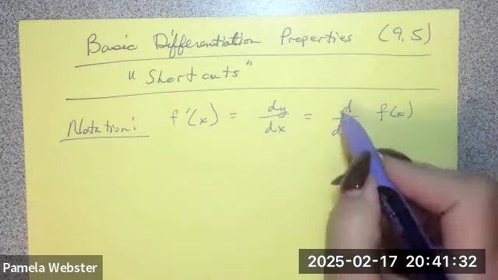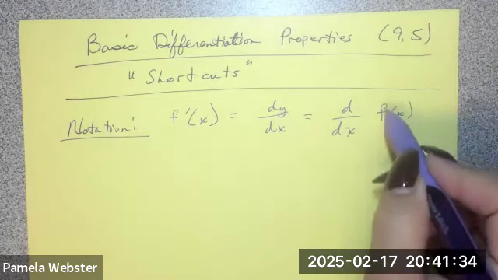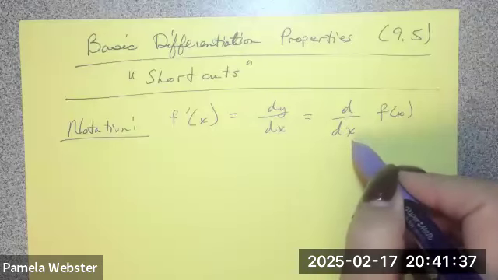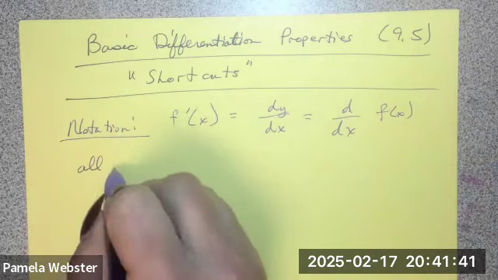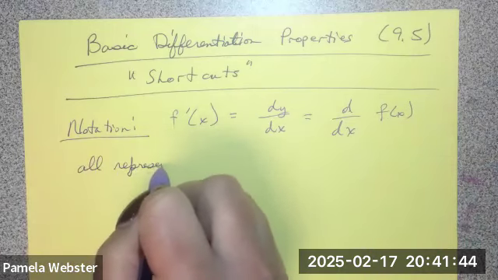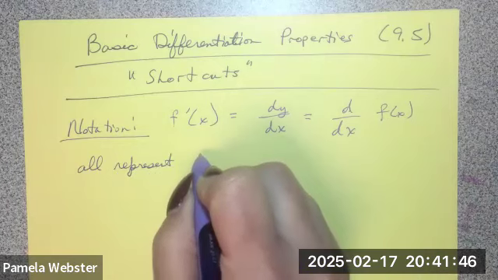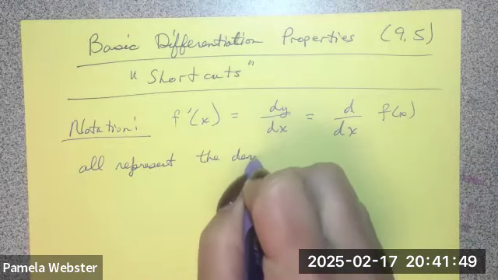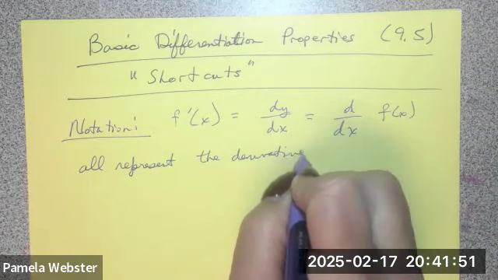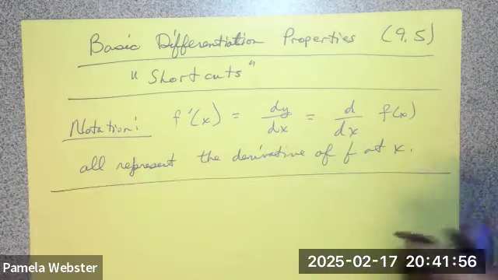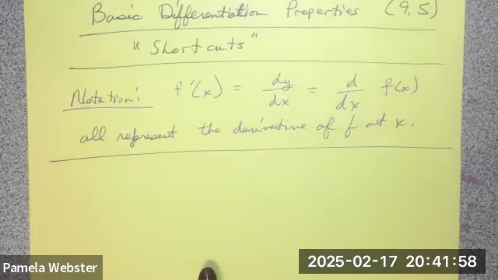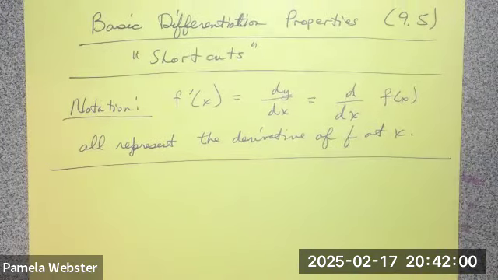You might see it like that. And this is just the derivative of your function, again, with respect to x, where x is my variable. All of these represent the derivative of the function f at x. So you might see this in different ways, written in the homework, in the book, those kinds of things. I just want you to know that that's out there.